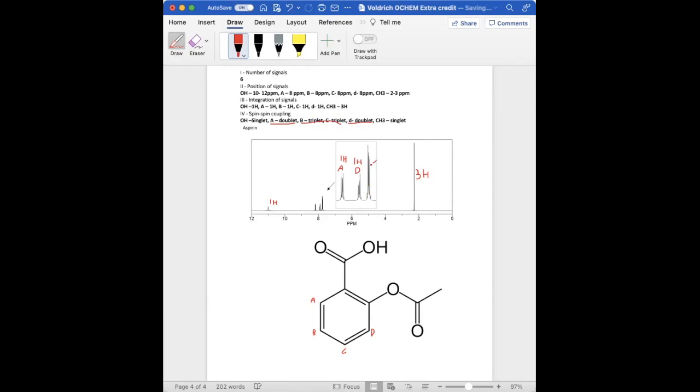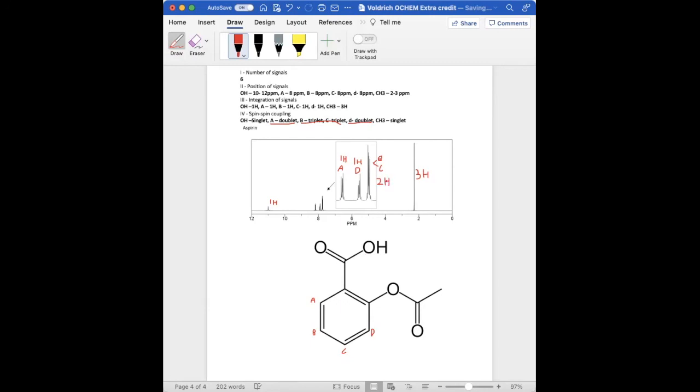So this registers as both B and C, which also should be the least far downfield, because they are the furthest away from the carboxylic acid and the ester. But this right here will have an integration pattern of 2 hydrogens solely because of the fact that it's counting for both signal B and C.